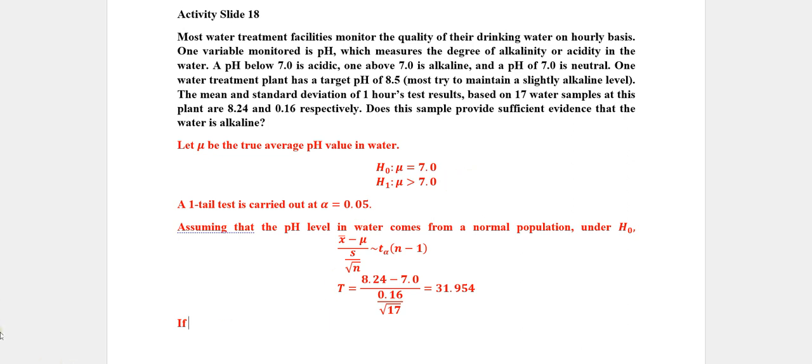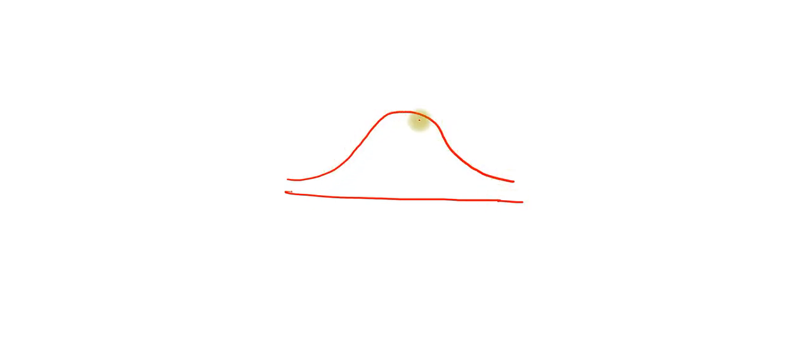What we are trying to do here is we will have a t-distribution, and given that it is a one-tail test, we need to find this critical value, as you would have noted.